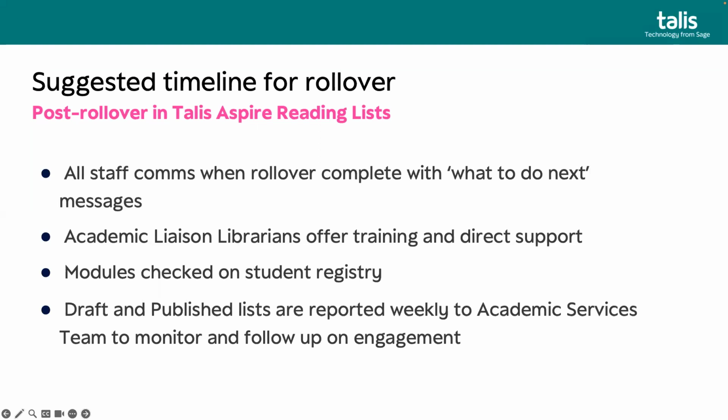So how you would do that, you would go to the all list report and you would do something like time period 24-25, published in the last week, or which ones are still sitting in draft. So that's a report you could run every week to see the progress of who's actually made the necessary changes after the rollover.